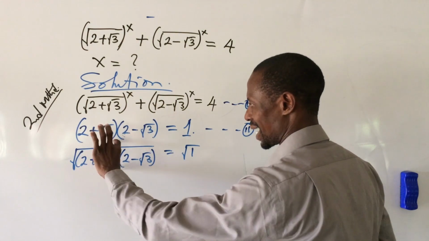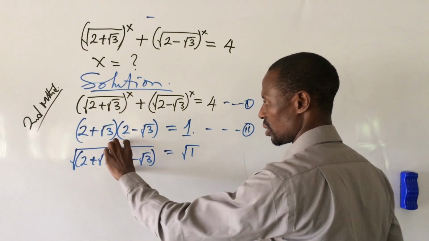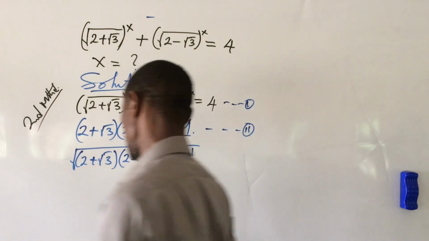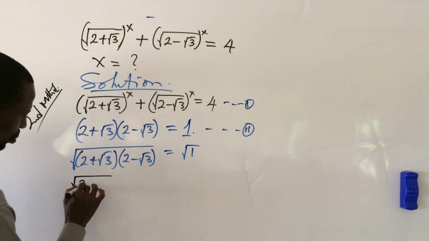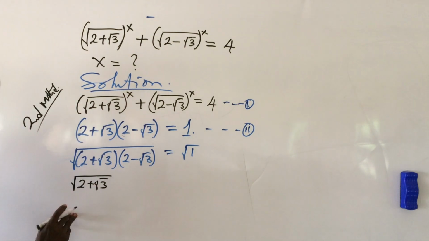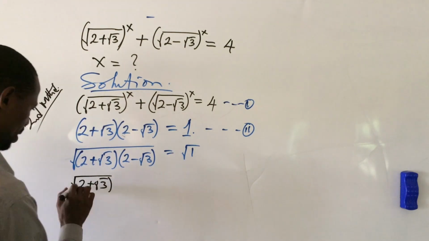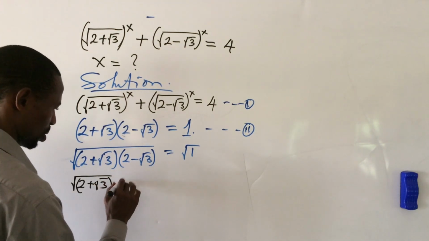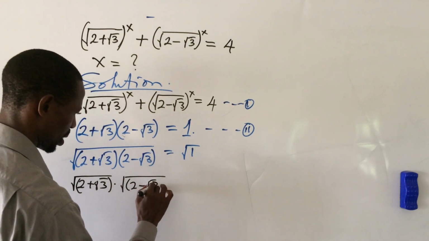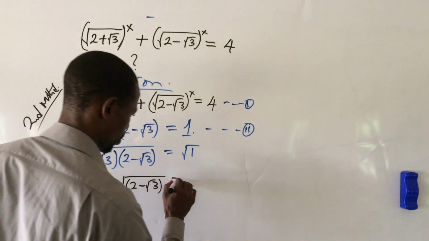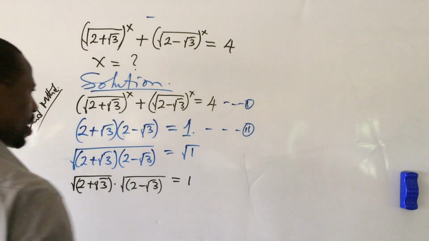From this expression, I can split this square root to this, so we're going to have √(2 + √3) · √(2 − √3) equal to 1.